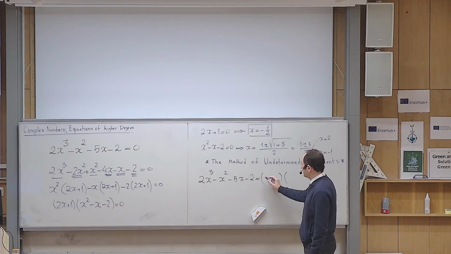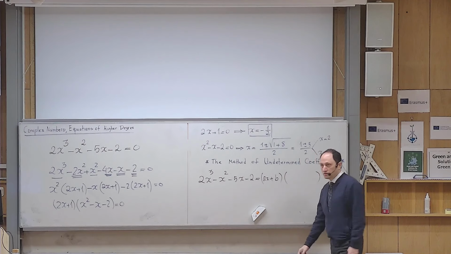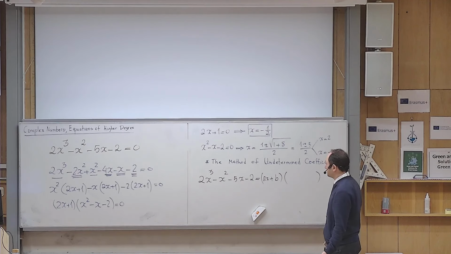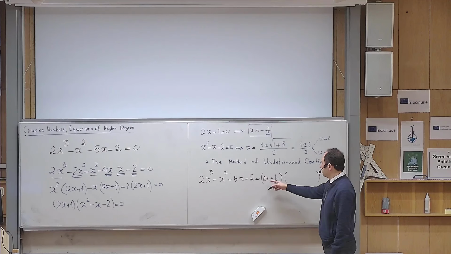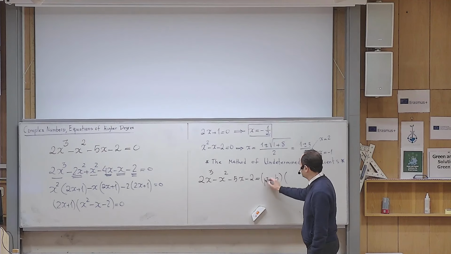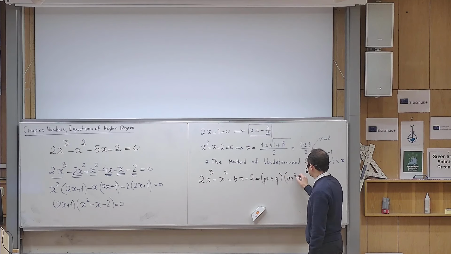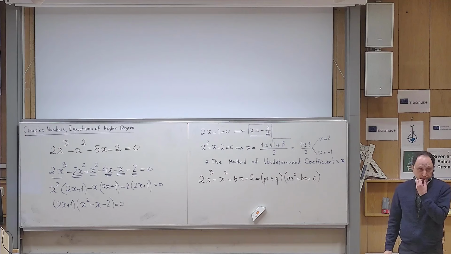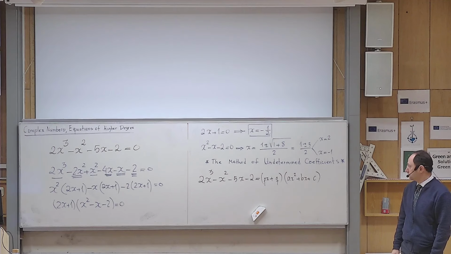I don't know, so let me just write the most general case. And then I have another polynomial of degree 2. So let me use P and Q here. And for this one, I will have ax squared plus bx plus c. Yes? So that is the way that we do it.